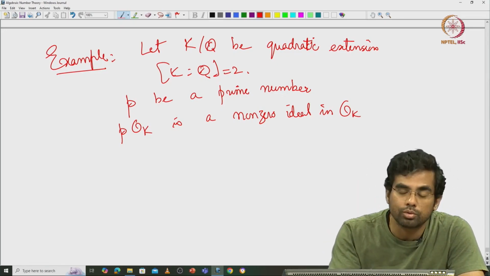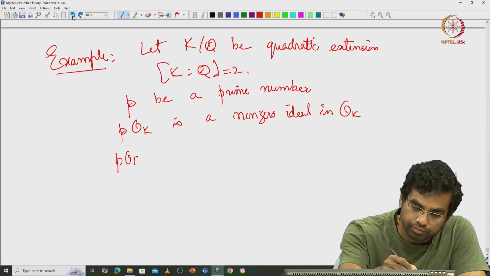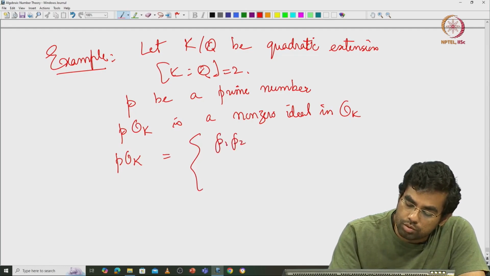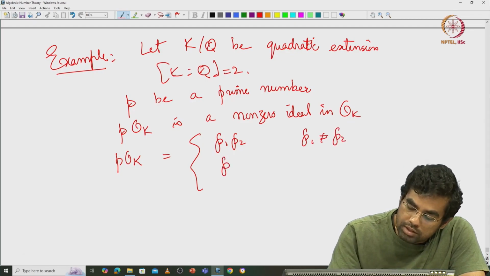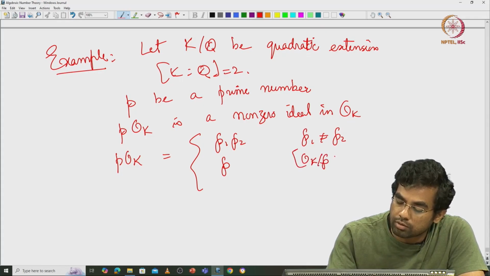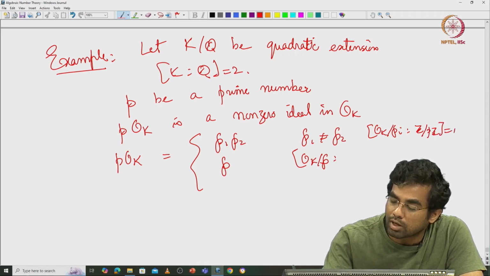But now we know that p times O_K is equal to either P1 P2, with P1 not equal to P2, or it is equal to just P. Here the degree of O_K mod P_i over Z mod pZ is equal to 1.